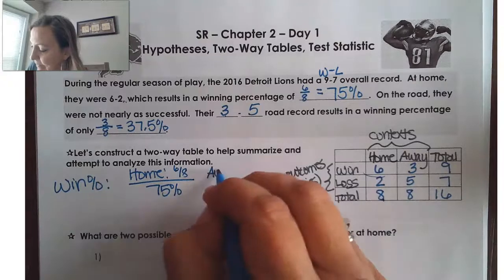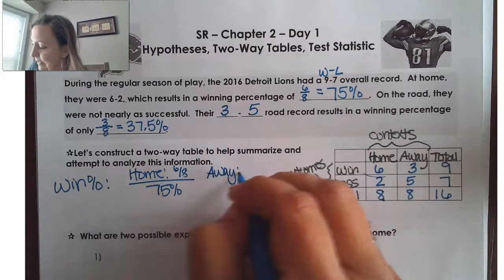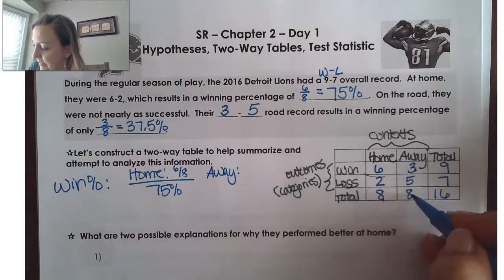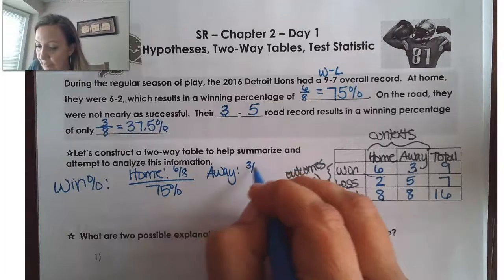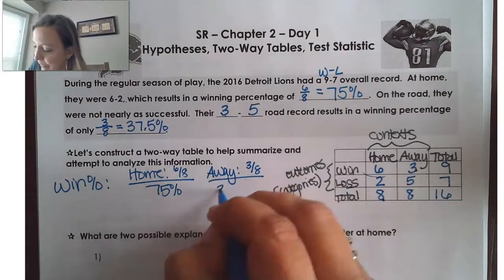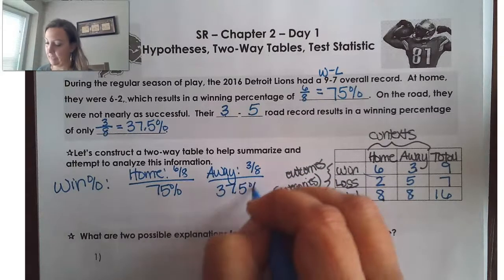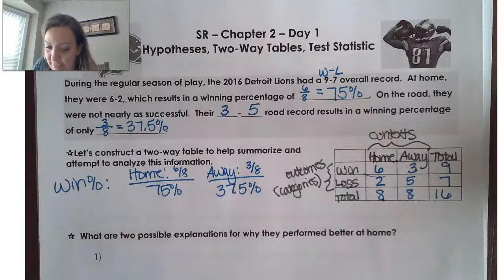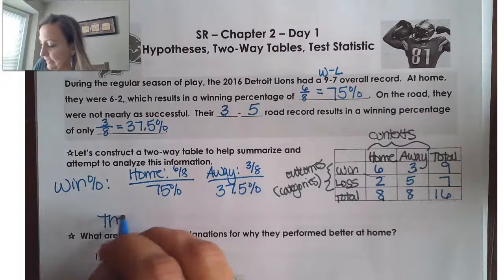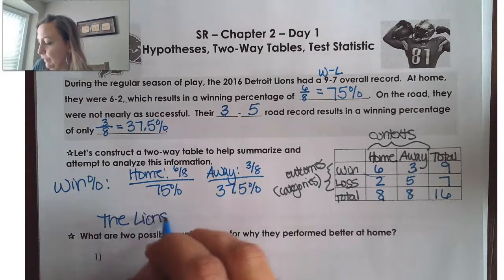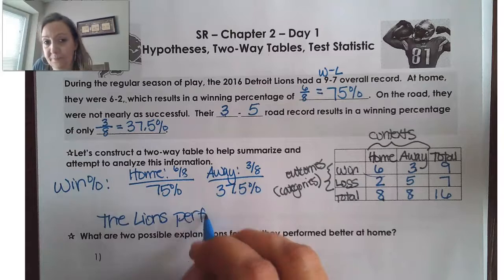And away, we have 3 successes out of 8, which we said was 37.5%. And so what we can see is that the Lions performed better at home.